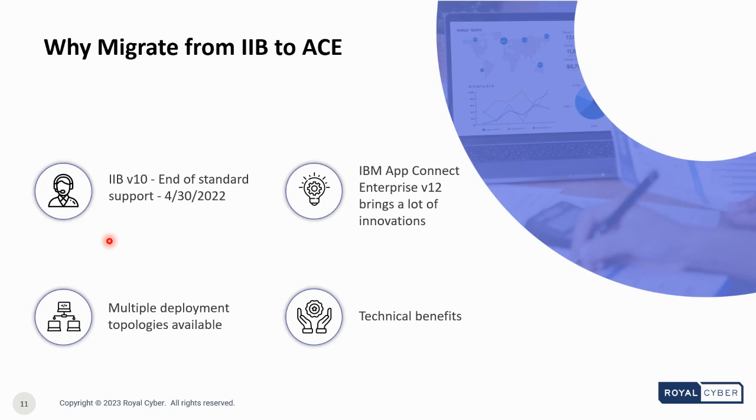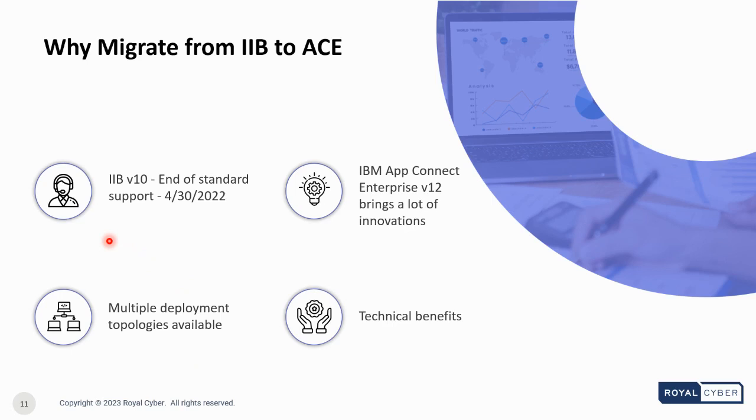The IBM extended support offer, which is usually for 3 years, is just about a year and a half away, beyond which your support would stop. This is one primary reason why you should start thinking about migrating away from IIB if you're still using or stuck with IIB version 9 or version 10 or even any of the previous versions.